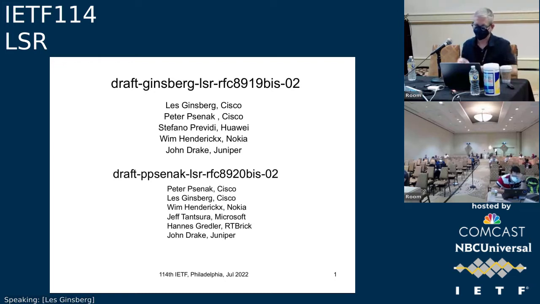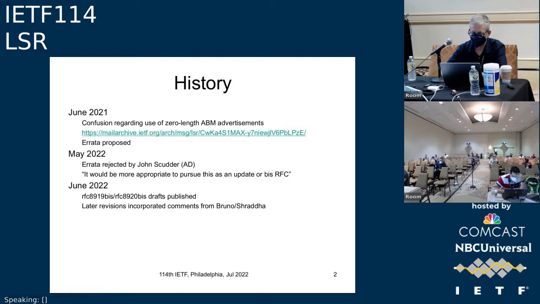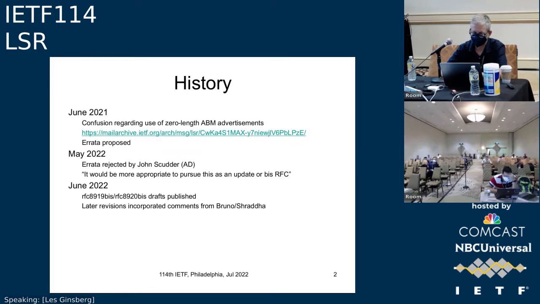Okay. So this is an update on the BIS drafts for ASLA for ISIS and OSPF. Here's a bit of history. About a year ago, there was some discussion on the list that there was some confusion regarding the specification of how zero-length ABM advertisements were used.